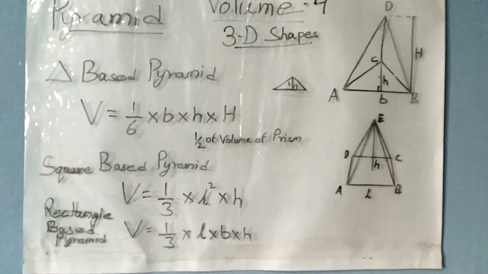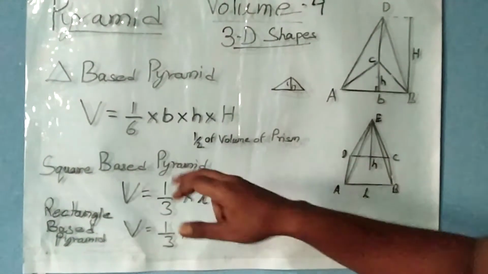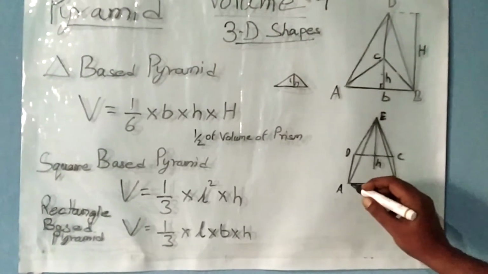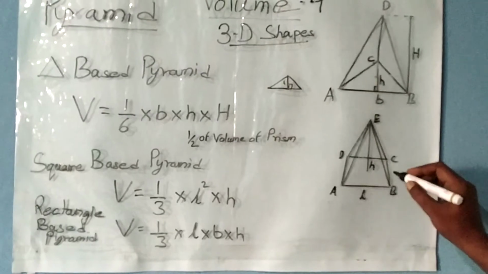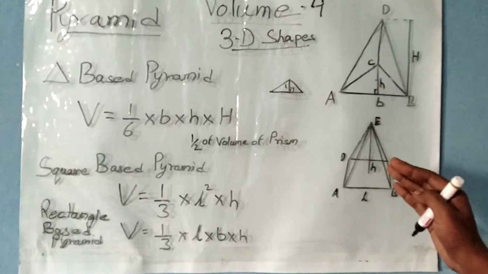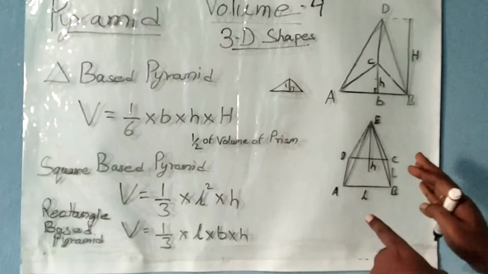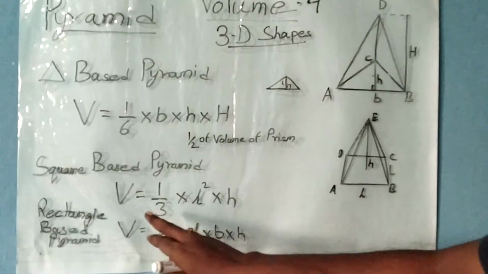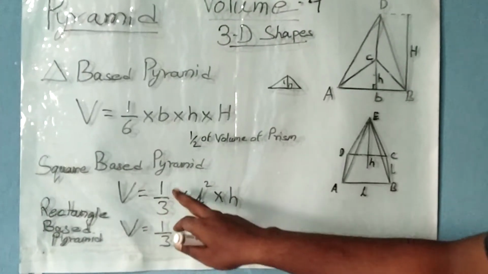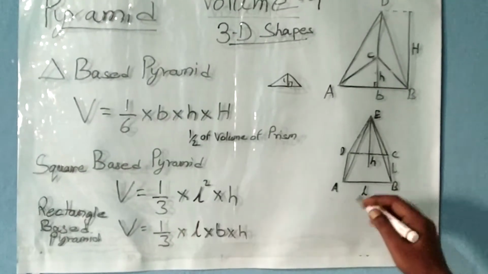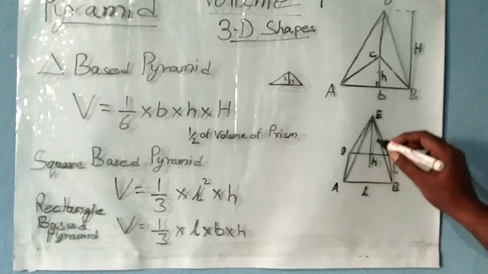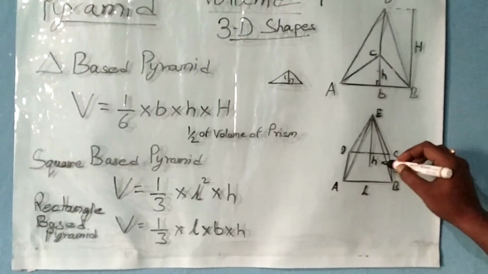So this height is the height of the pyramid. Let's come to the second one, that is the square based pyramid. This I have drawn, a square based pyramid. Suppose the base is a square, that is this side is L, then this side will also be L. In this case, if you want to find the volume of the pyramid, then the formula will be V equals 1/3 into L square, L square means this L into this L, and H. This H is the height of the pyramid.